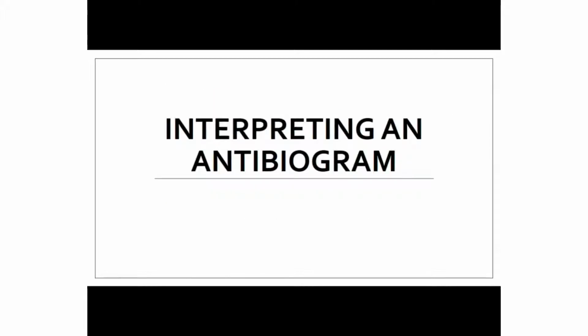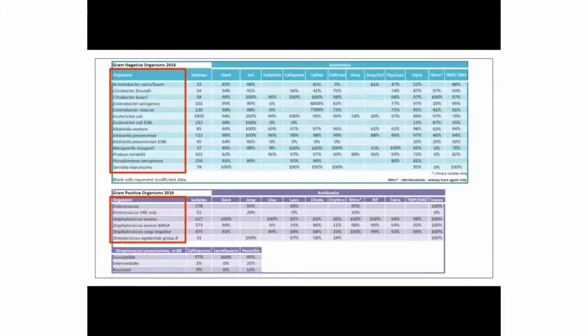Alright, so let's take a look at an antibiogram. Most antibiograms are set up very similar, with the different organisms split up by gram-negative and gram-positive, and these are listed in the leftmost column. Next, you have the number of isolates that they've isolated throughout the last year of those specific organisms.